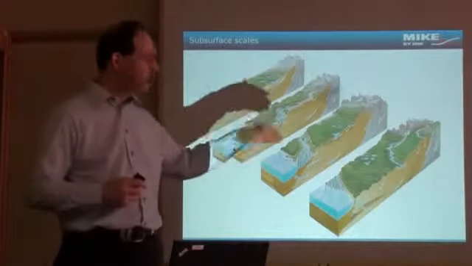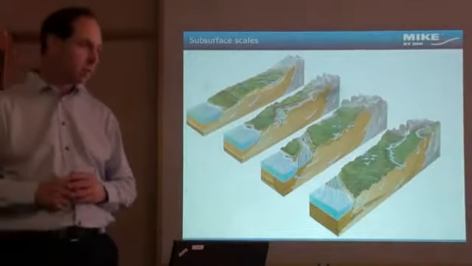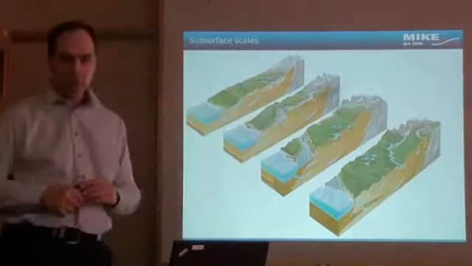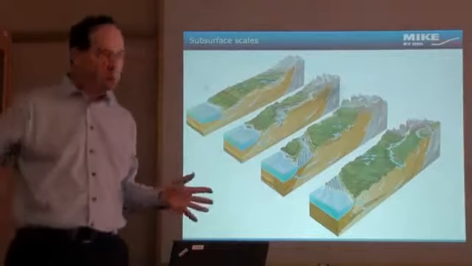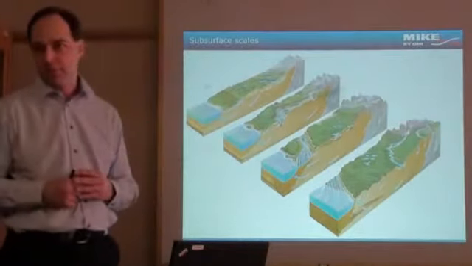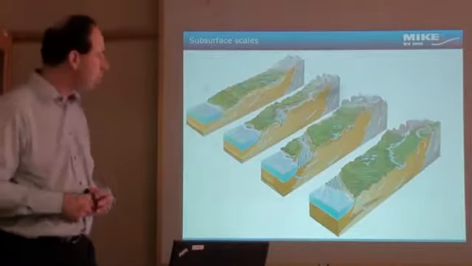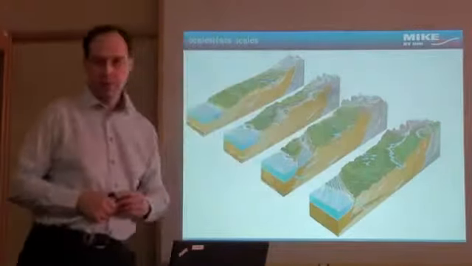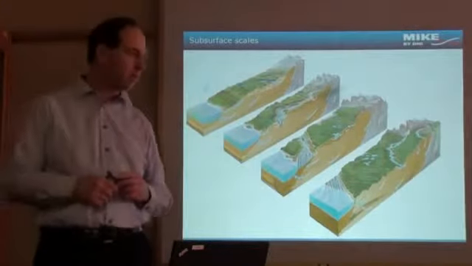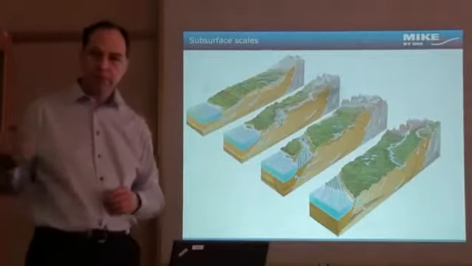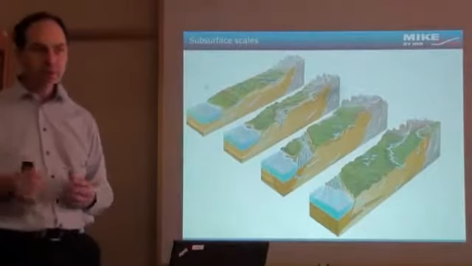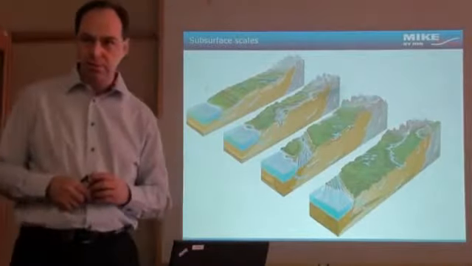On the other hand, there's also a time scale difference here. We can have a shallow groundwater system, maybe close to these streams, where we have infiltration close to the streams, and that infiltration will discharge into the stream over a period of a few days or a few weeks. But we may have recharge up here in the highlands that will discharge into a large surface water body, maybe an ocean or a big lake or even a big river, but that may take years to discharge there, or decades, hundreds of years, or in some cases even thousands of years.